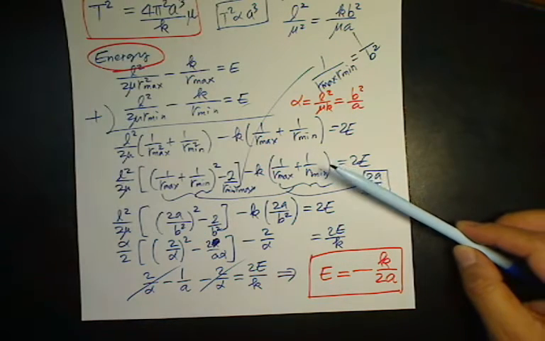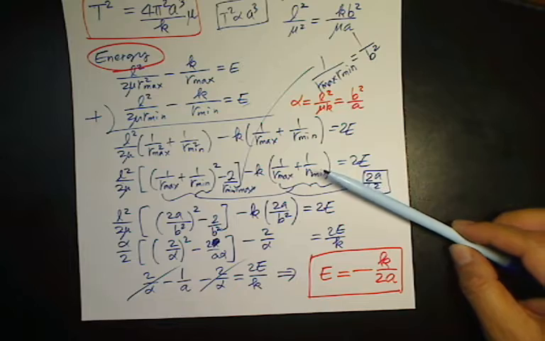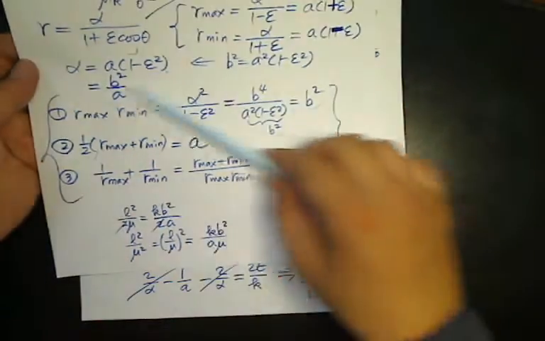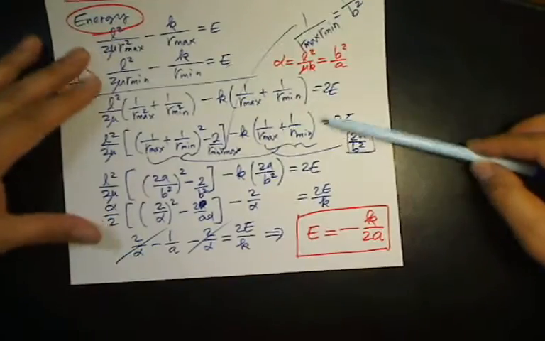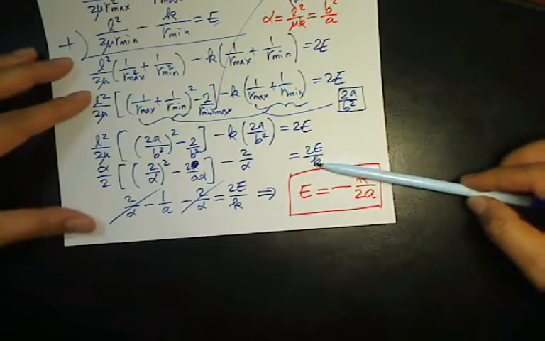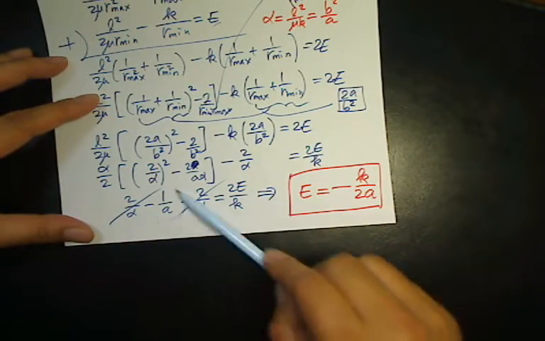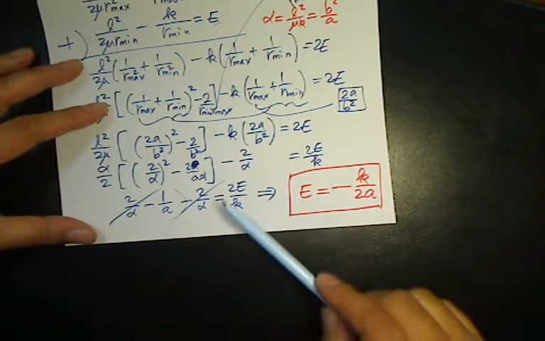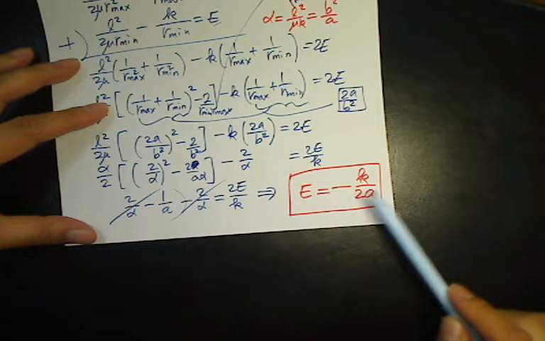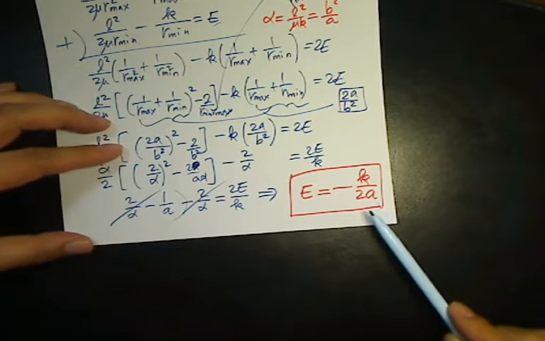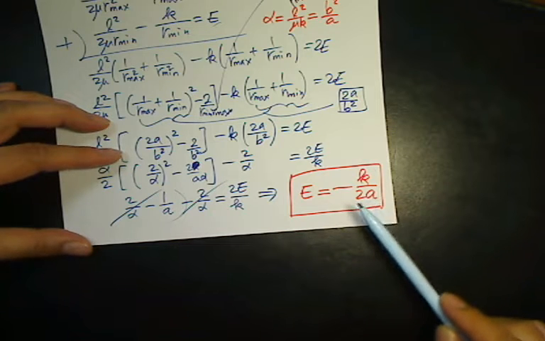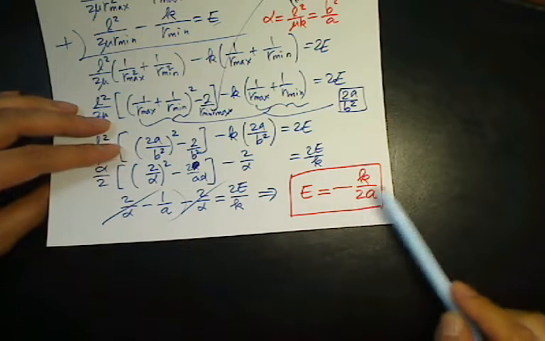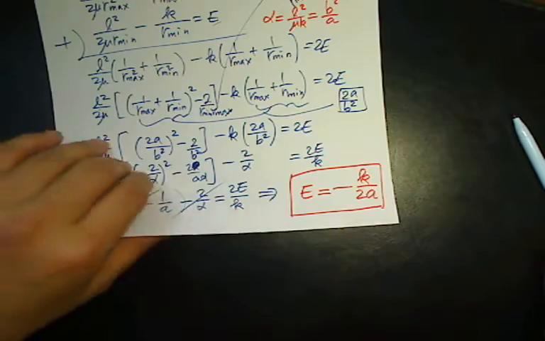Substituting these relations into the sum of these two energies, we find minus 1 over a equals 2E over k. From this, the total mechanical energy of the system is minus k over 2a. It is not r, but a, the semi-major axis. So the energy is minus k over the major axis.